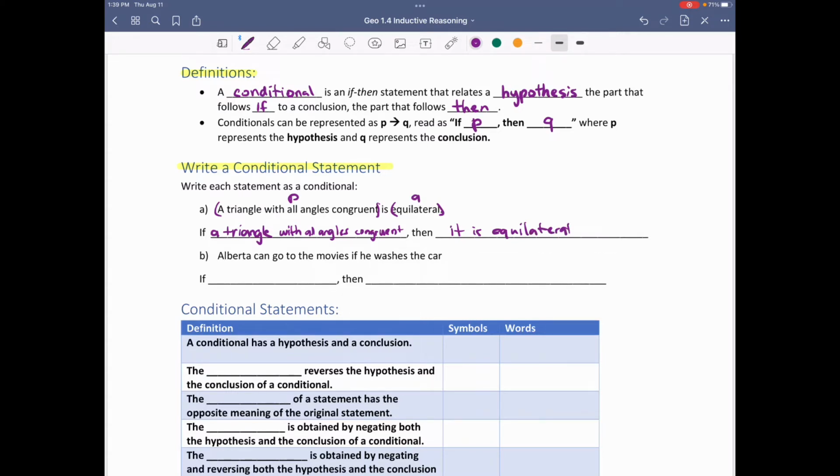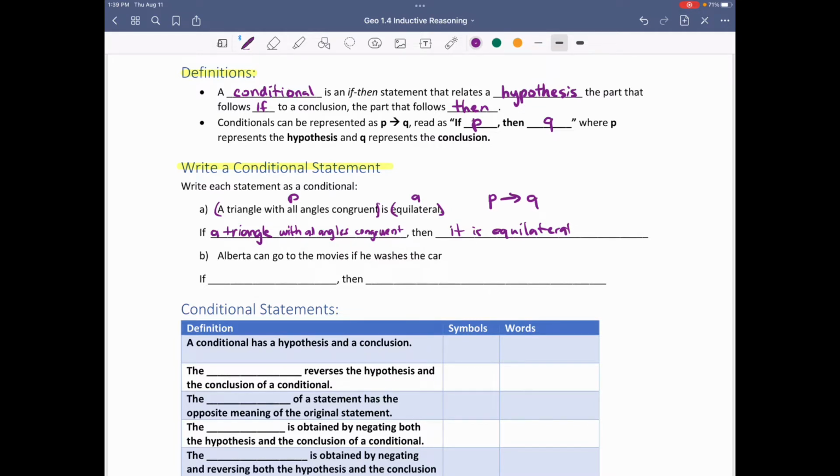So I hope that you can see from this example, we have our P, which is if a triangle with all angles are congruent, then it is Q, which is it is equilateral. There you go. And now we'll practice some more with our example B.